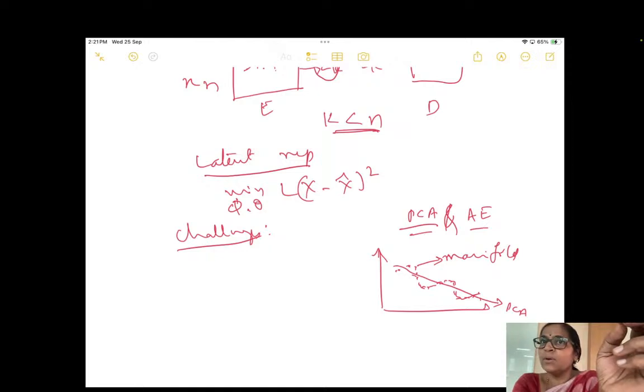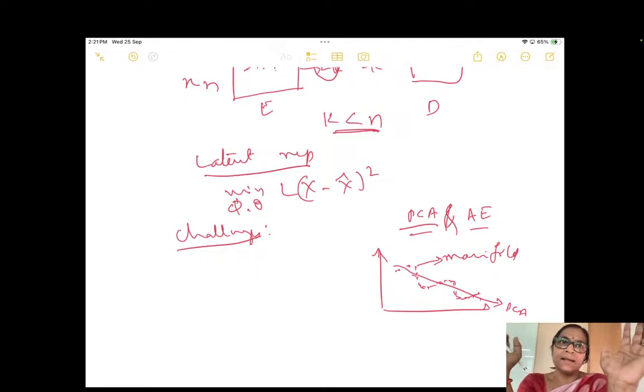Are you getting what we need to do? If I do this exactly, I am memorizing the data. As an autoencoder, as a concept and principle, what do I need to do?